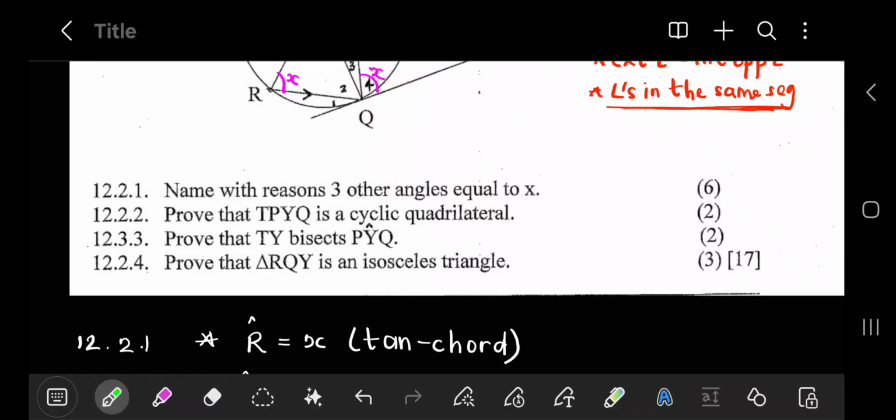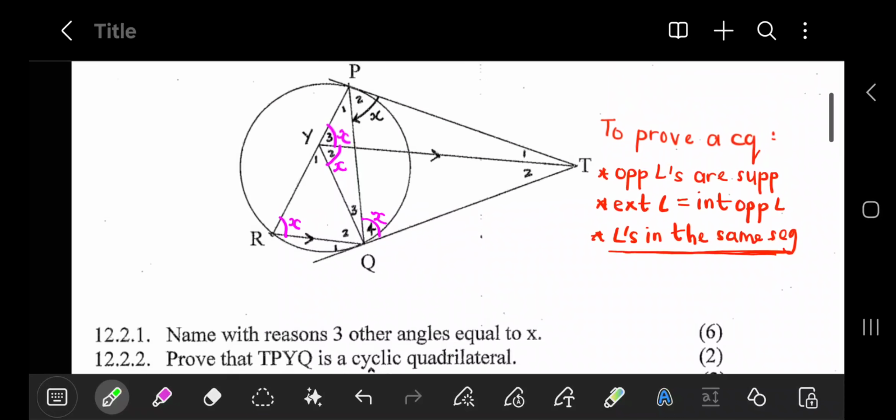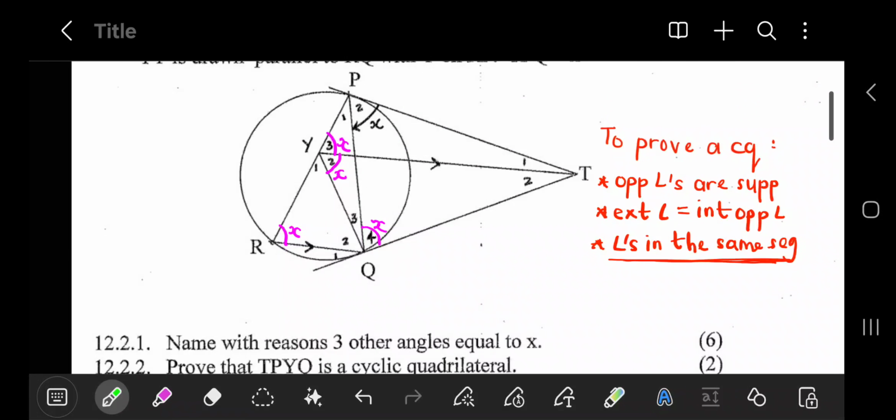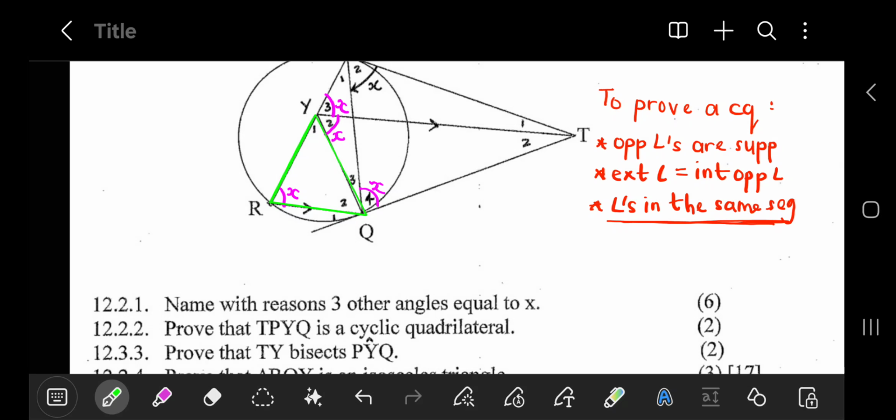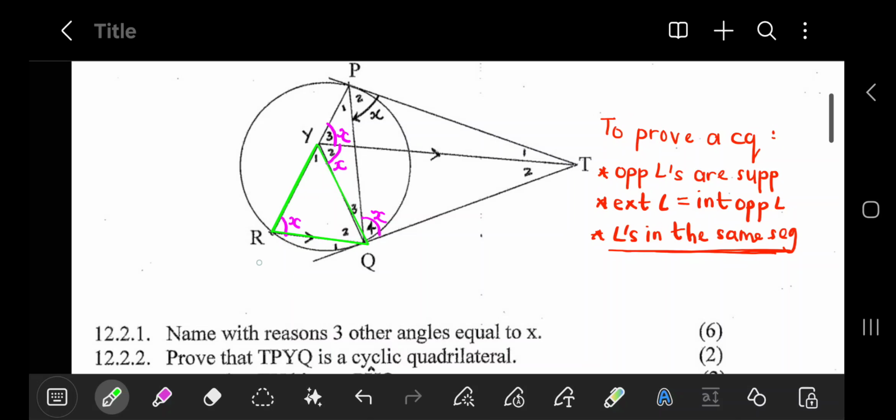Next, we need to prove that triangle RQY is an isosceles triangle. Let's find this. RQY. Now, to prove that RQY is an isosceles triangle is quite simple, because you guys notice that RY and QY should be the sides that are equal, right?